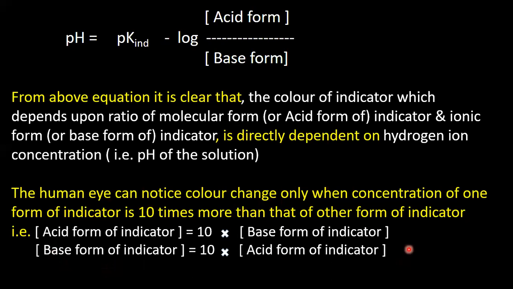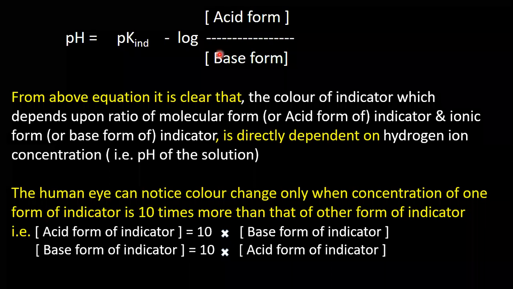So in short, if the concentration of the acid form is 10 times more than the base form, then and only then can we notice the color change.